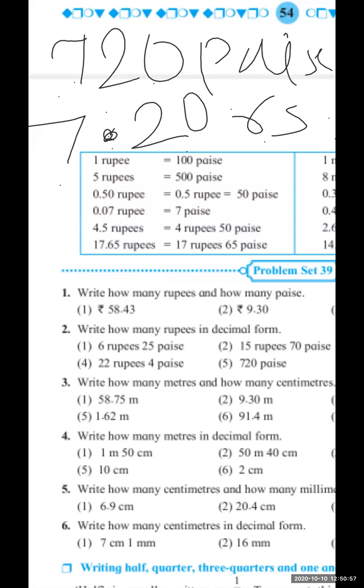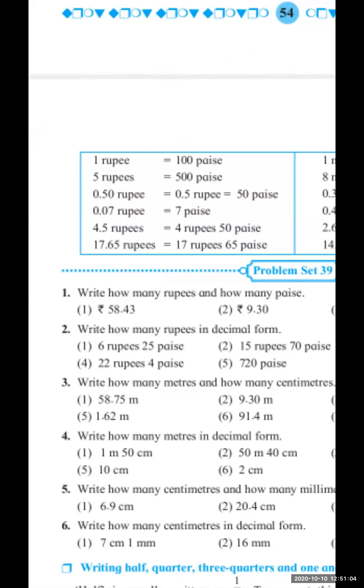Now question number 3 is also very simple. Write how many meters and how many centimeters. Again, the same simple one. वैसे ही बताना है जैसे हम लोग ने पैसे पहले किया. Now rupees is not there, centimeter and meter is there. So 58.75 meter. Correct.